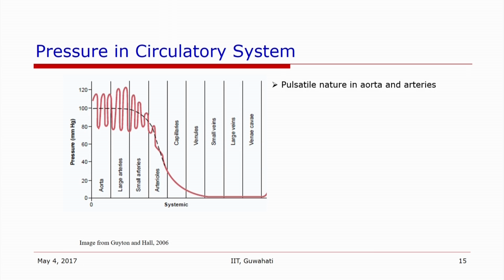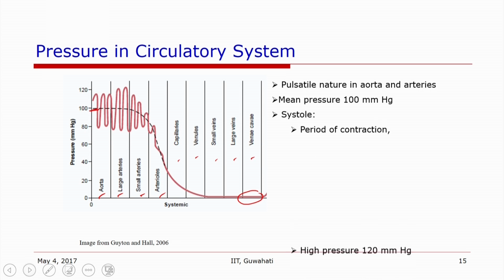Here you see the pressure in different organs: aorta, large arteries, smaller arteries, up to capillaries, venules, small veins, large veins, and finally the vena cava. You might notice that when the blood returns to the heart, the pressure has almost reduced to 0, whereas when it starts from the heart in the aorta, the mean pressure is about 100, and it is pulsatile in nature.